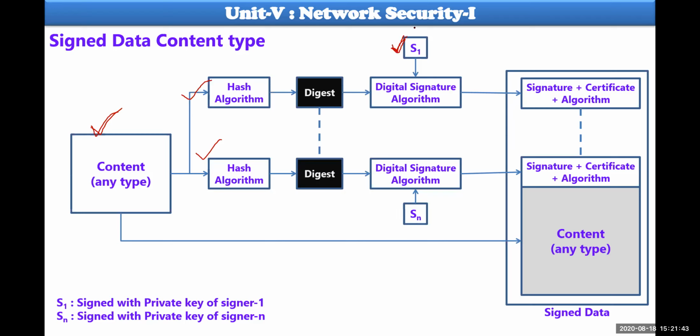Sorry, private key here. All these private keys will be taken by that particular algorithm, and they will be attached. And likewise, it has been sent. In this way, the signed data will be sent.